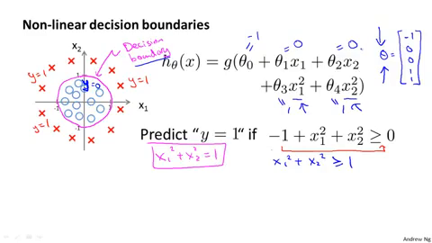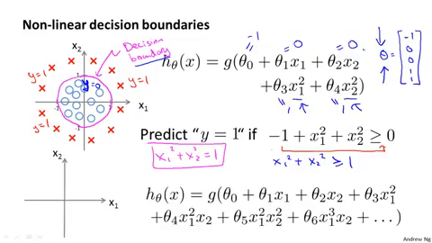Can we come up with even more complex decision boundaries than this? If I have even higher order polynomial terms, so things like x1 squared, x1 squared x2, x1 squared x2 squared, and so on, then it's possible to show that you can get even more complex decision boundaries.